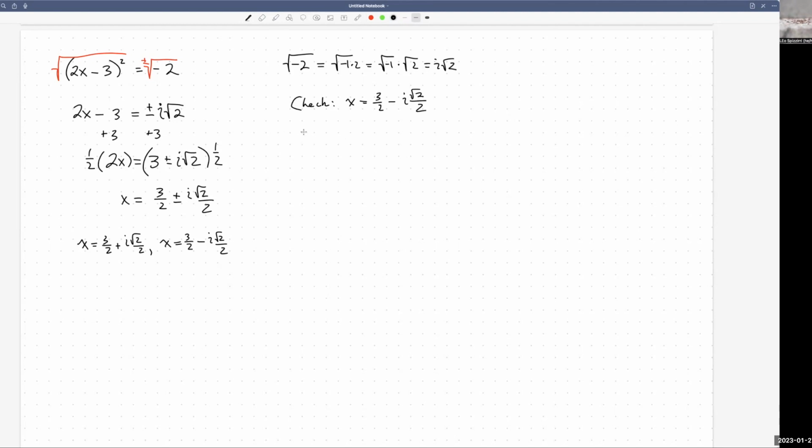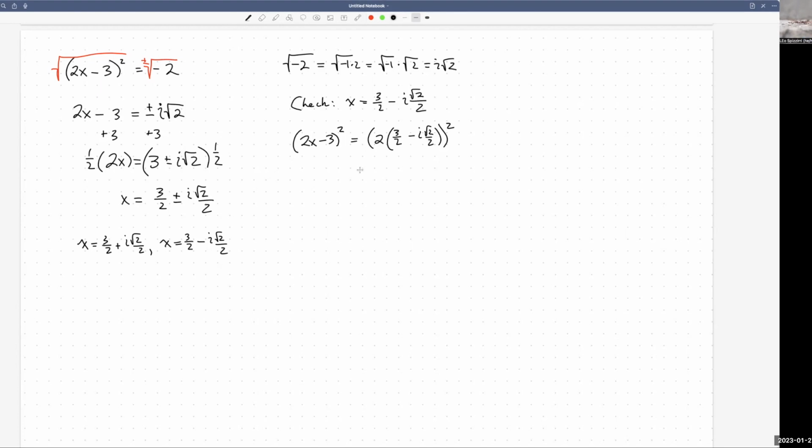So I'm just looking at my original expression. When x is equal to 3/2 minus i root 2 over 2, this becomes 2 times 3/2 minus i root 2 over 2. This whole thing is going to be squared.